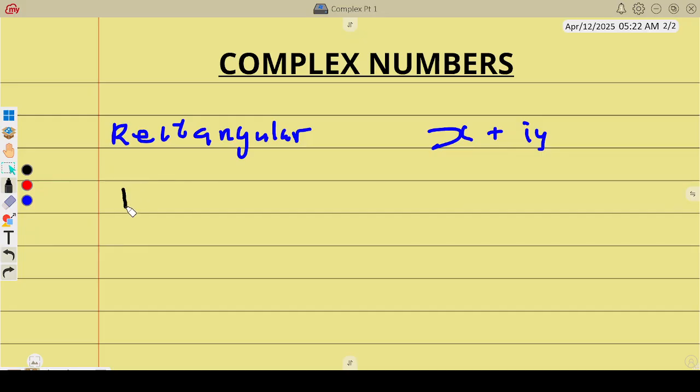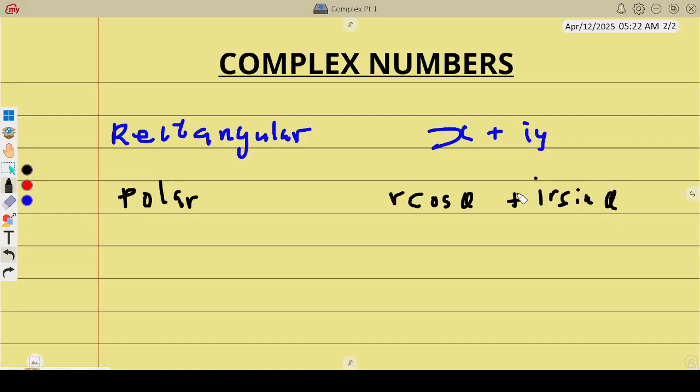Now when we talk about the polar form, it is whereby we introduce trigonometric ratios. The real part is written as r cos theta, plus the imaginary part, which also starts with i, so i r sin theta.